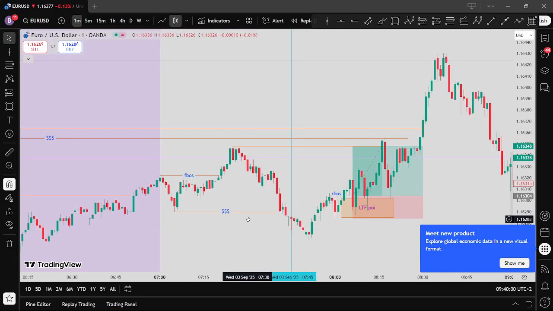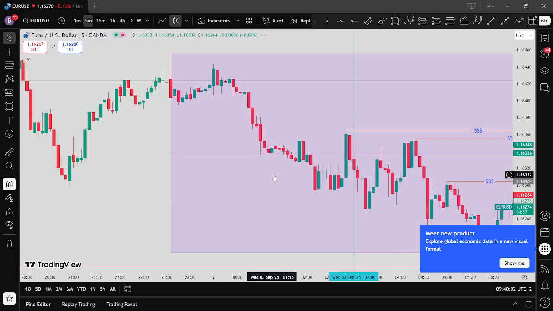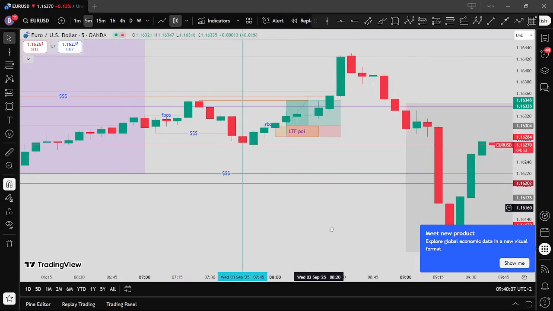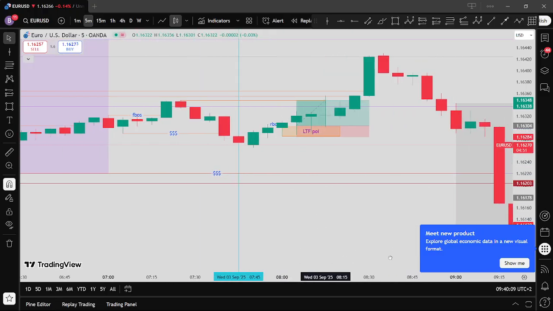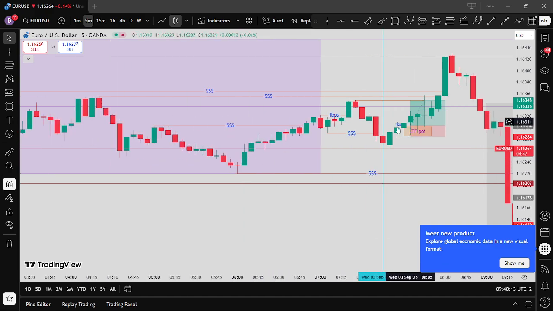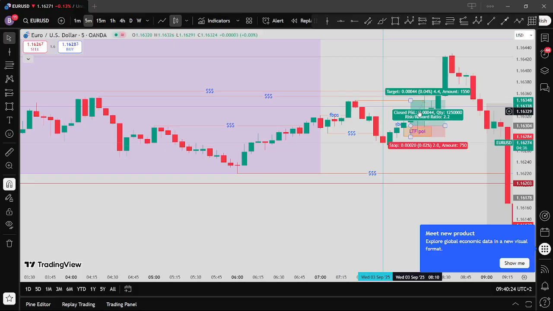Why did I want to take profits there? Because if you look here, it's kind of messy now, but this is where the move started. That's how I like to take my take profits. This is what started the move, so that's what I want my target to be. It would be a 1 to 2.